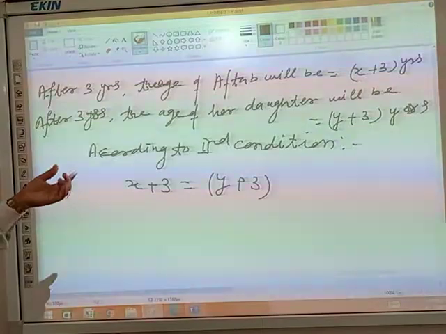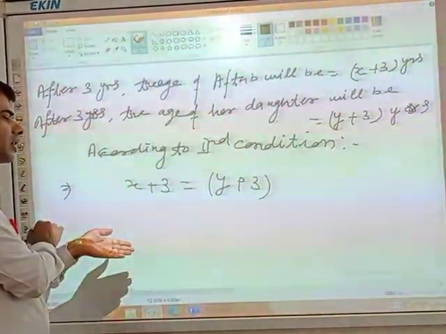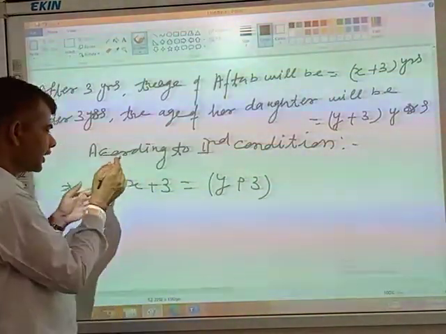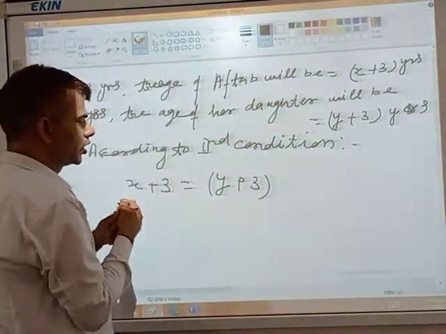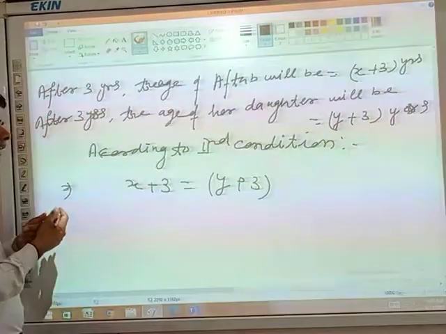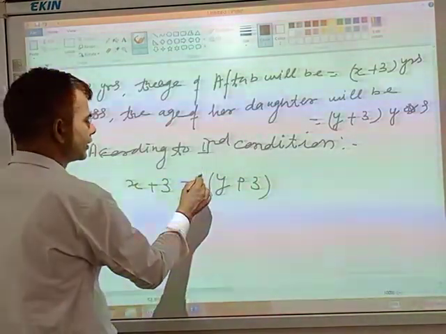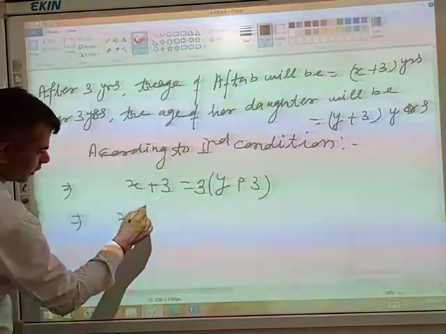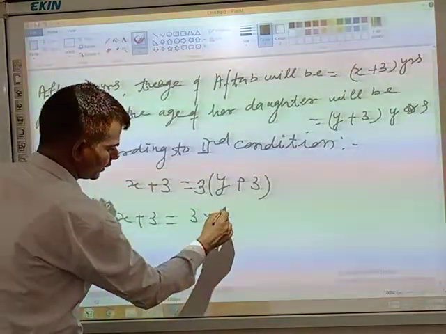Now at this condition Aftab is 3 times as old as his daughter. To equalize it, we will multiply the age of his daughter by 3. Now students, x plus 3 is 3y plus 9.